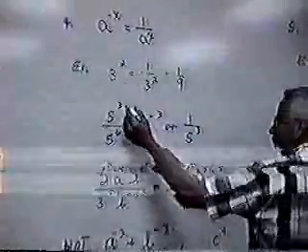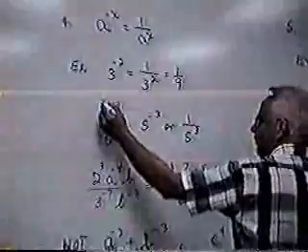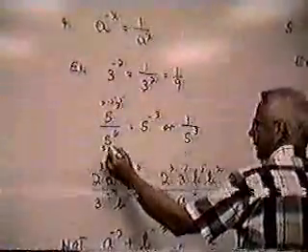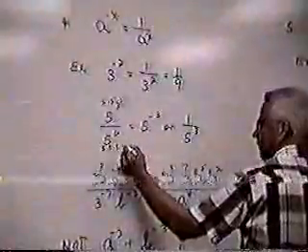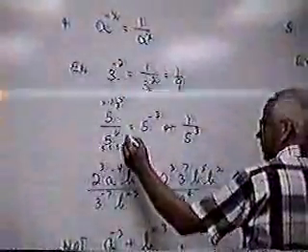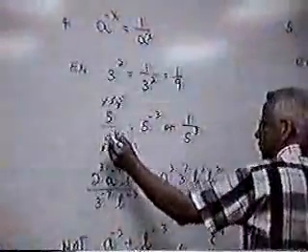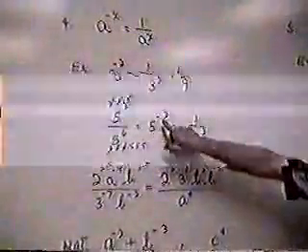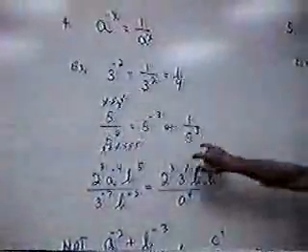Or, in other words, here we have 3 of these. We have 5 times 5 times 5. And here we have 6 of these 5s. And so 1 divides out, 2 divides out, 3 of them divides out, and we have 3 of them left. So either way you want to think about it, just learn the rule. The rule says a base raised to a negative power is 1 over the base raised to a positive, same power.